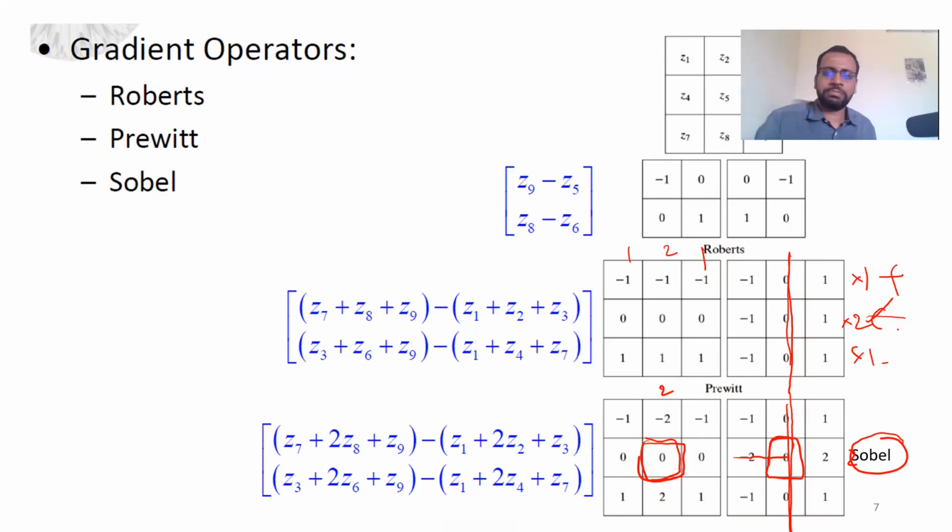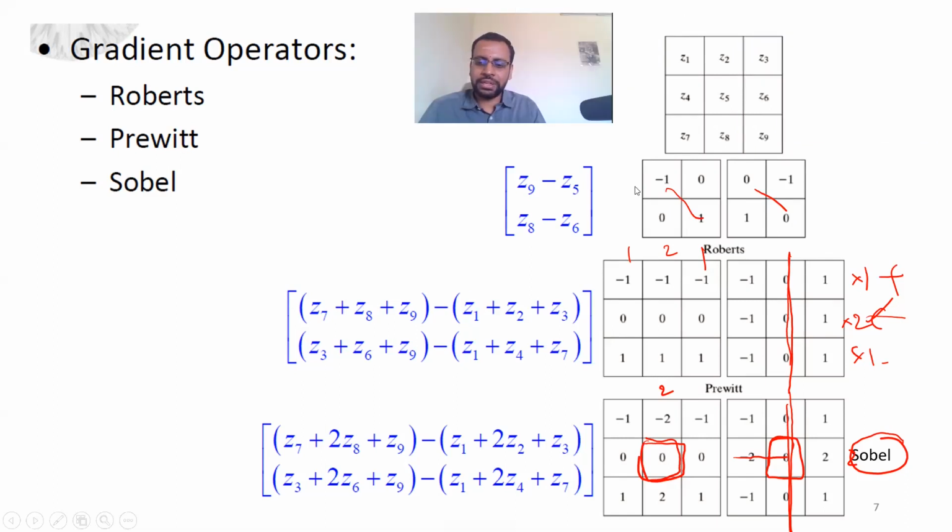And just for the sake of completion, let me also talk quickly about the Roberts operator. It essentially finds edges in the diagonal. The mask defined here is slightly different. These are not symmetric, there is no symmetry there.